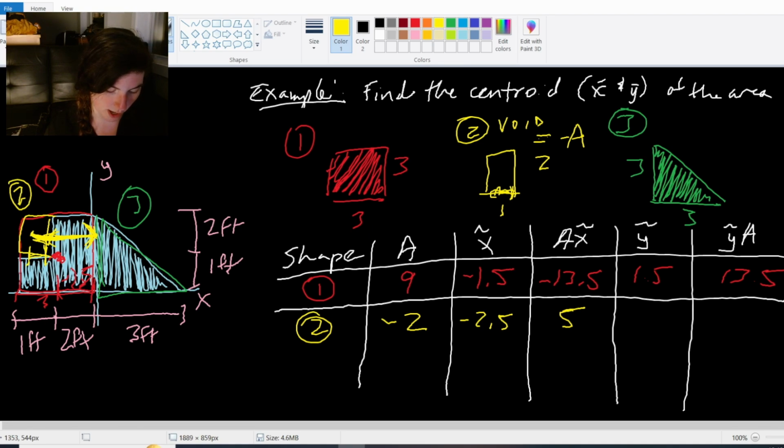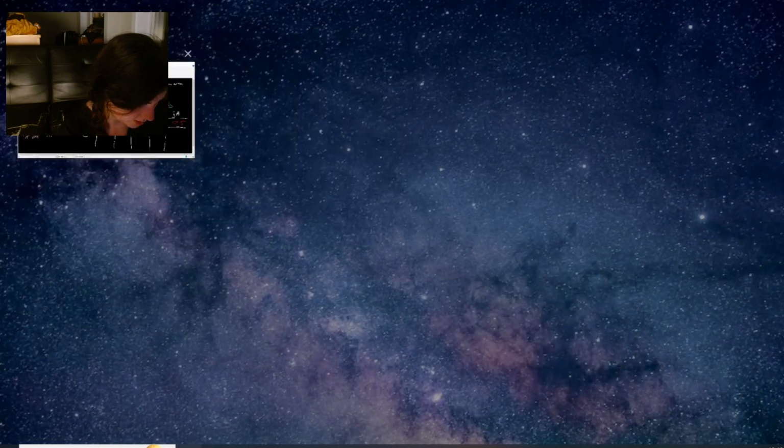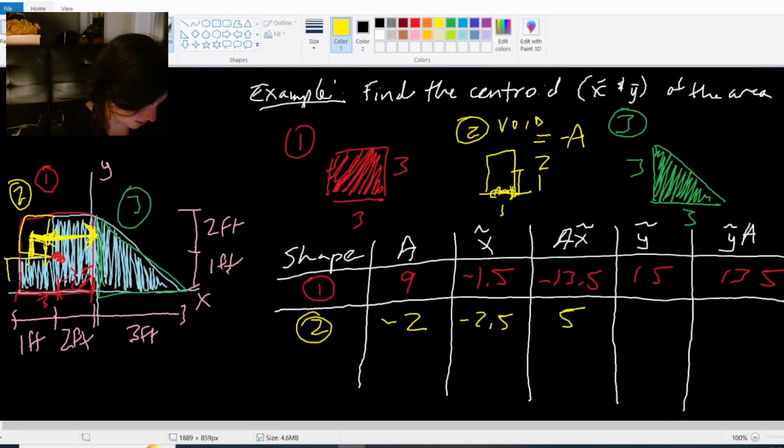So now we do our y bar, and this is the exact same situation, right? You might think that it's 1 because 1 falls halfway through the 2, but this 1 is again floating up above this 1 foot square right here.